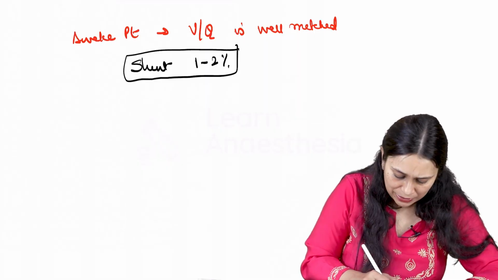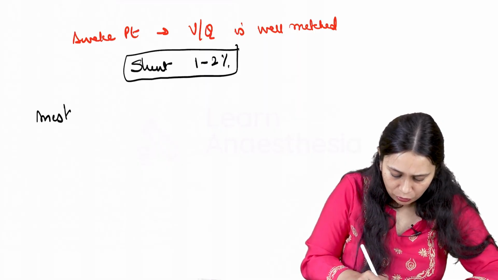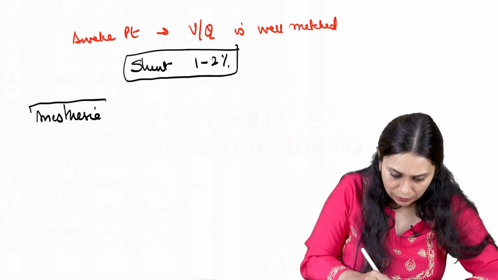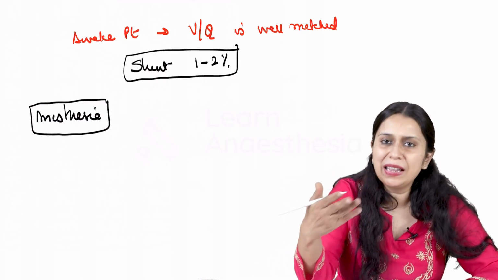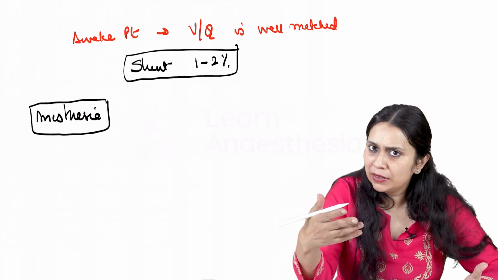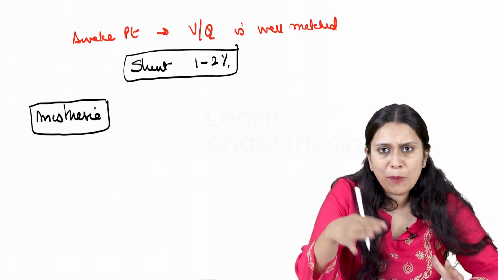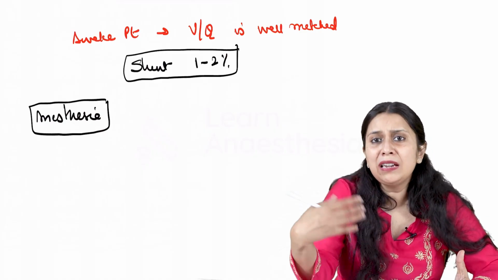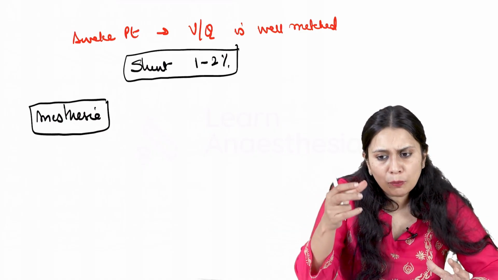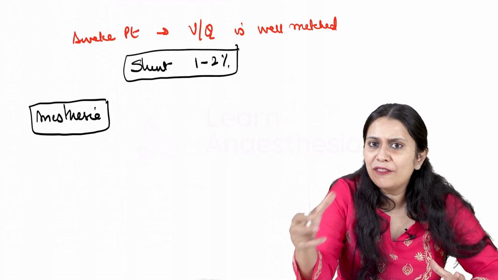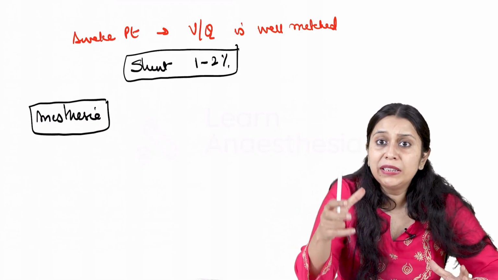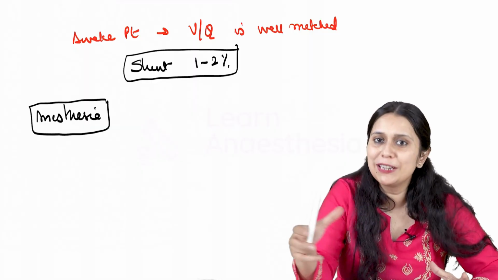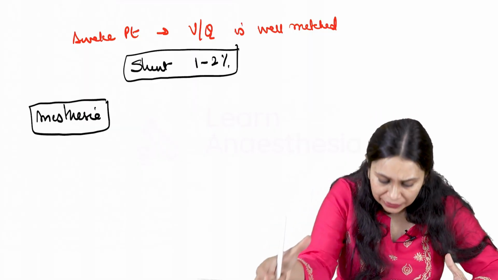What happens during anesthesia? When we give anesthesia to someone, we paralyze the person, right? Paralysis would paralyze the diaphragm and the intercostal muscle. Both the paralysis of the diaphragm and the intercostal muscle would decrease the functional residual capacity. So FRC would decrease.